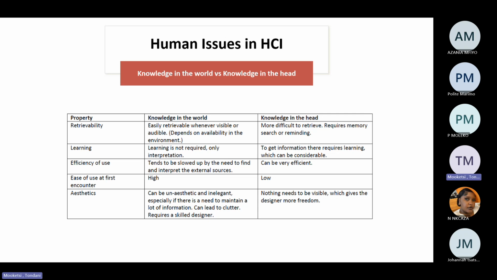Knowledge in the head means that the user knows that information, information that only the user knows about. So that is information in the head. So we need to differentiate these two in terms of their properties. Let me just put this table here so that it's easy to see for you guys.